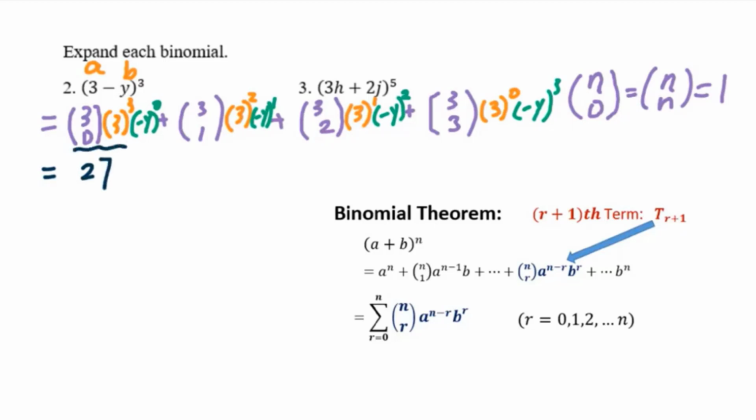27 here. This one, that's 3 times 9 times negative y. Therefore, minus 27y. For here, it's 3 times 3 times y squared.